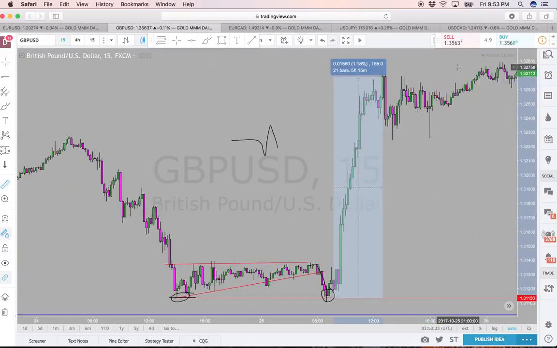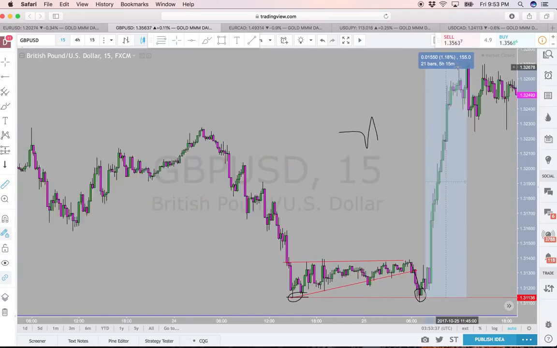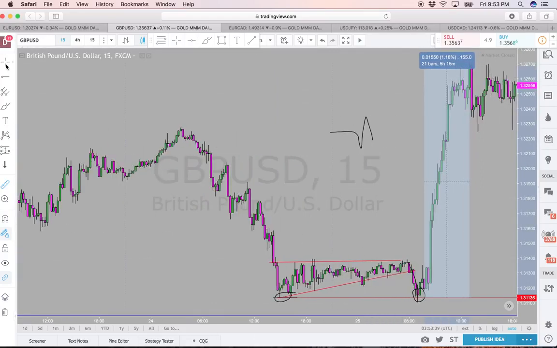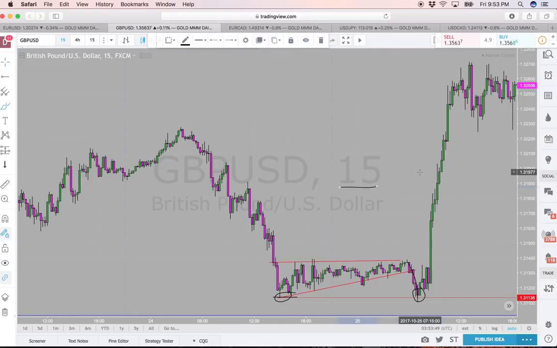Okay, let's talk about the stop loss, the take profits. Now, a lot of times these are different. When I say different, you'll see these on different time frames. This is the 15-minute chart. If you see it on a 1-minute chart, obviously these play out on all different time frames, okay?